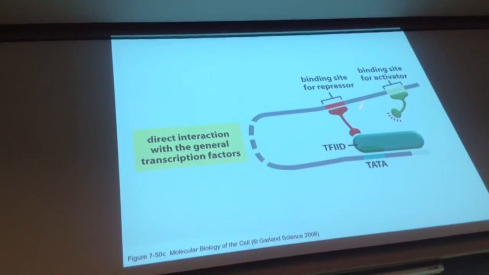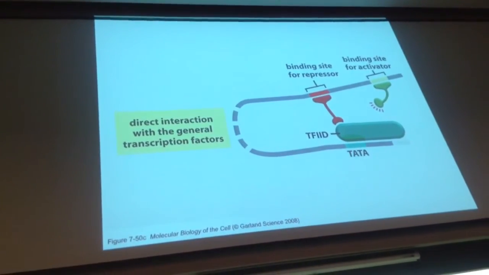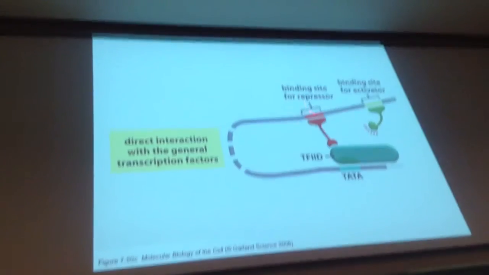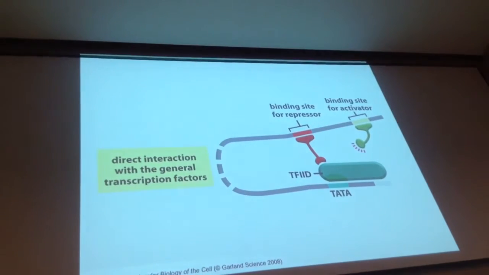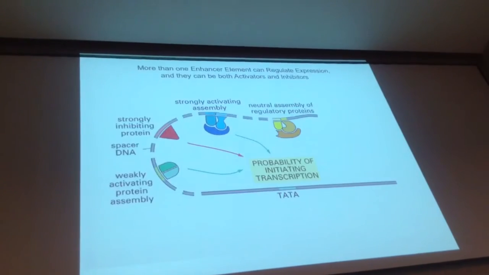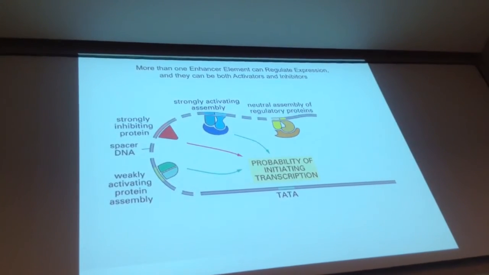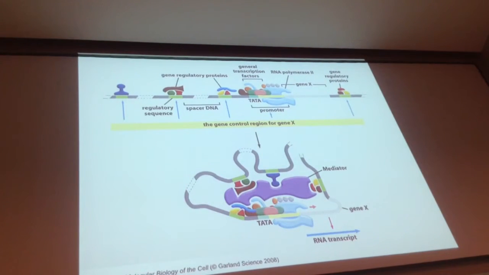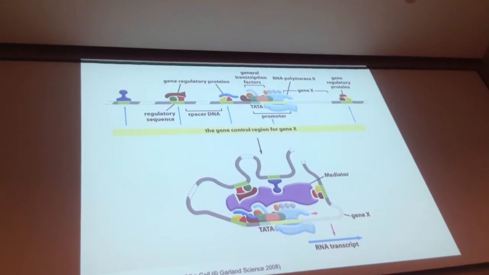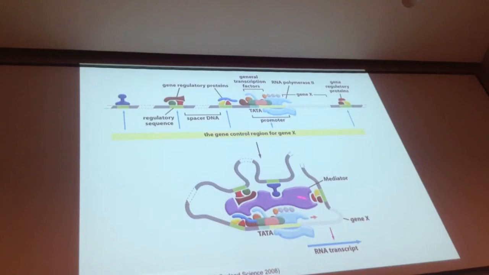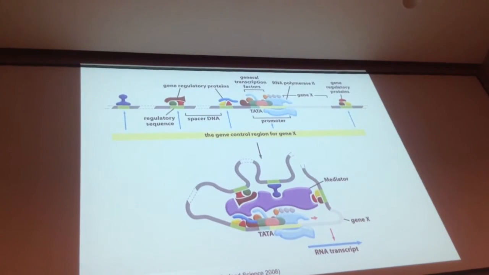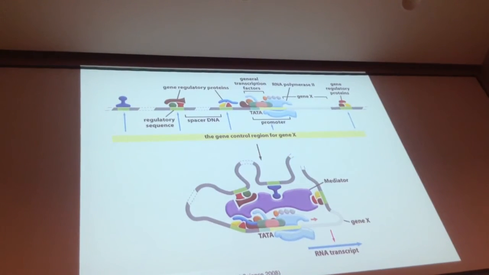I said that they act by somehow increasing the binding to the promoter region. Some of these can react directly, as it shows here, but also, in many instances, there's another protein complex, a large complex that has probably 14 or 15 different proteins in it, and the complex is called the mediator complex.